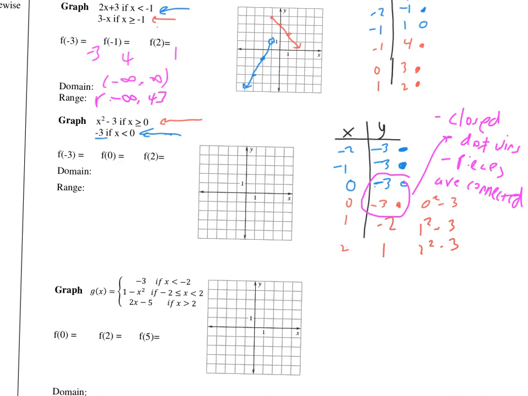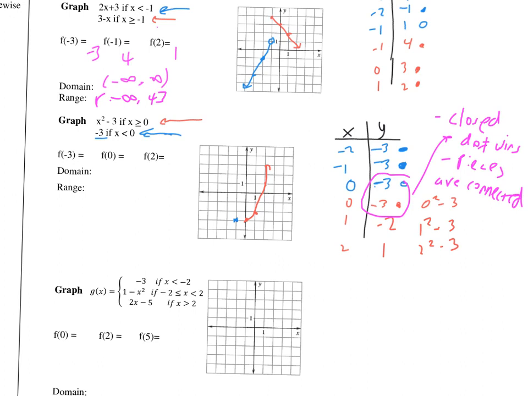So let's see, I'll draw the red one first. So 0, -3, since that's our closed dot. And then 1, -2, 2, 1. And this one is going to go like that. It's a parabola. It's one of the quadratic functions here, x squared minus 3. And then it looks like we have a horizontal line going left with all these points at -3.